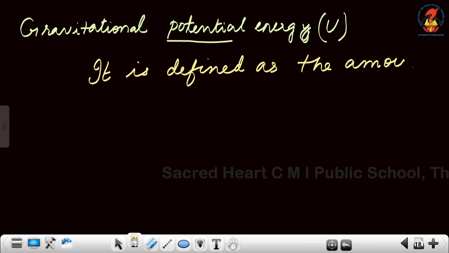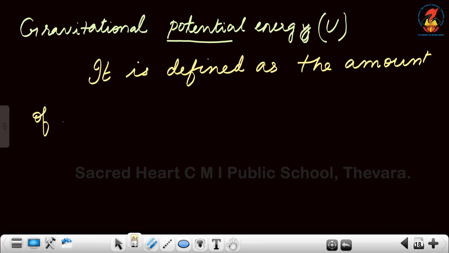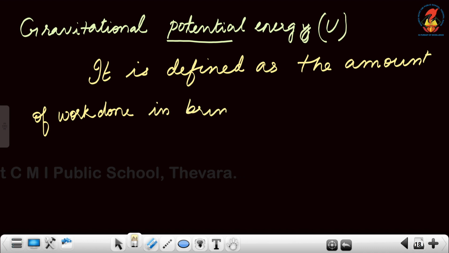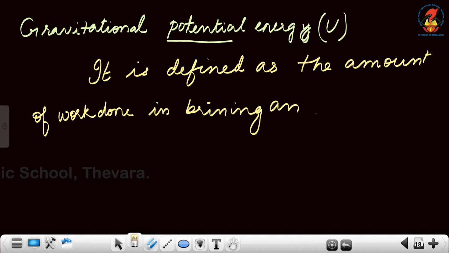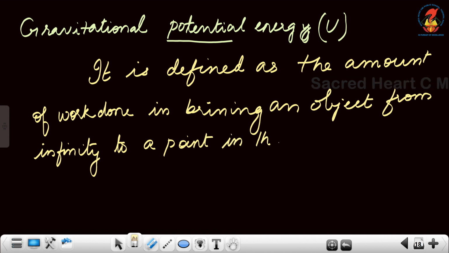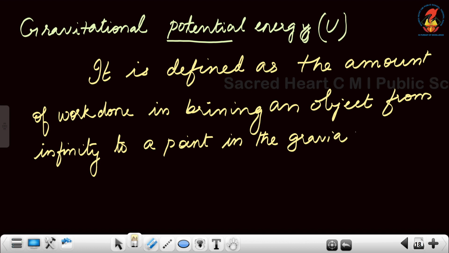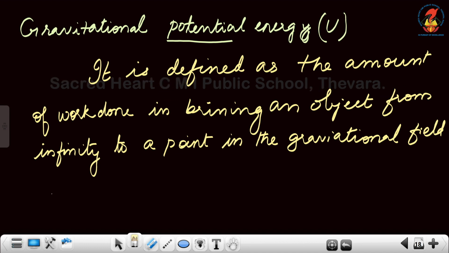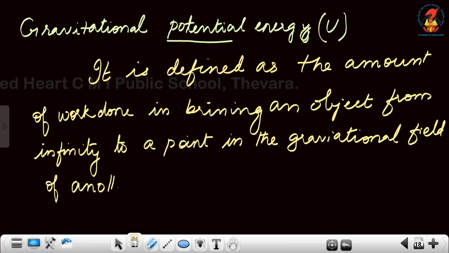the amount of work done in bringing an object from a farther place, which we consider as infinity, from infinity to a point in the gravitational field of another object.